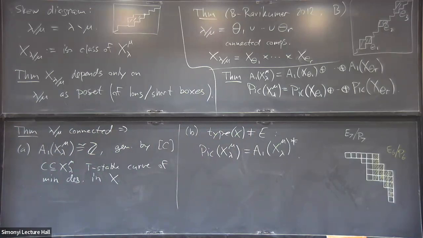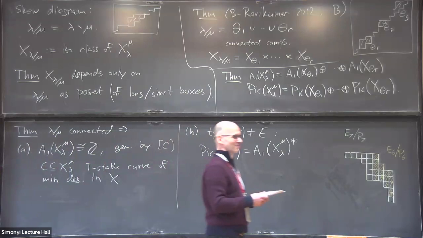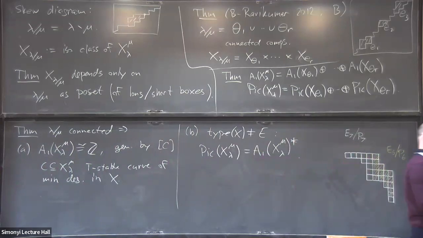So you want a long root, it gives a small co-root, so that gives a T-stable curve of minimal degree. So there's one kind of T-stable curve if we're simply laced, and two kinds if not. Right, all curves are equivalent in the simply laced case.